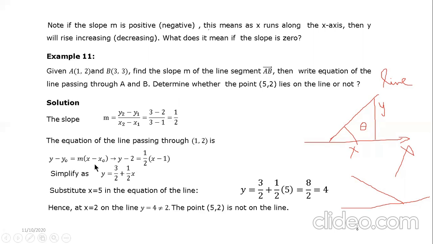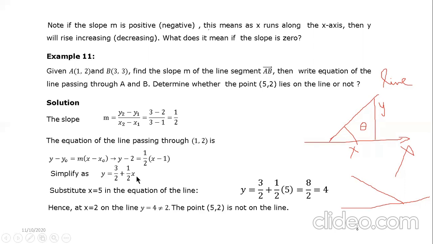You can use any known point on the line, either A or B, as you wish. It will give the same equation. Here, y minus 2 equals half times x minus 1, using point A, which gives y equals 3 halves plus half x.